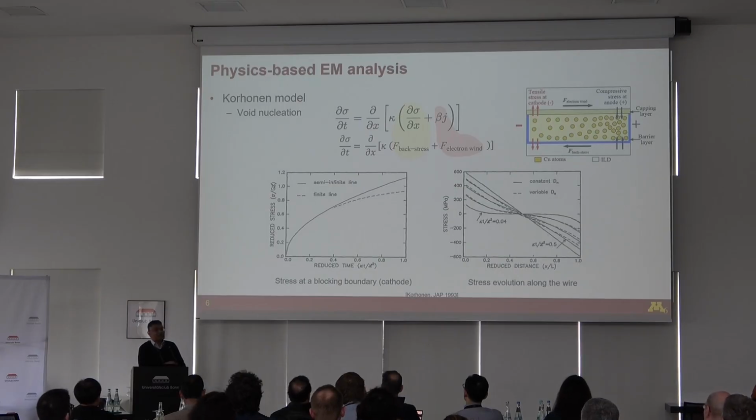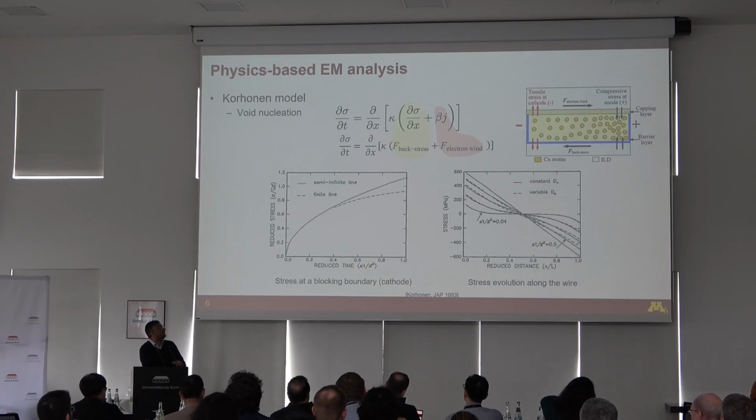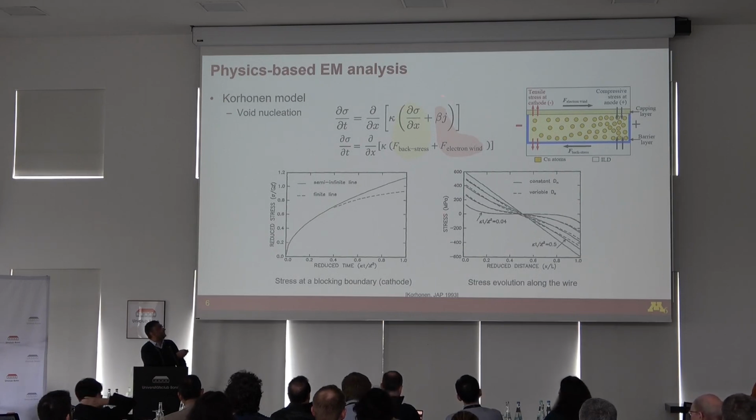If you have a wire that's not semi-infinite, but is limited at both ends, then the stress builds up symmetrically over here, and eventually it reaches the straight line stress, which corresponds to the DC case where d/dt equals 0. And effectively what it says is that this term is 0, so del sigma by del x is a constant, which gives you this straight line over here. Okay?